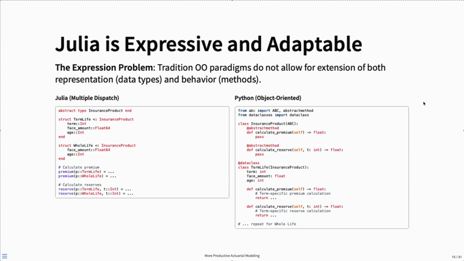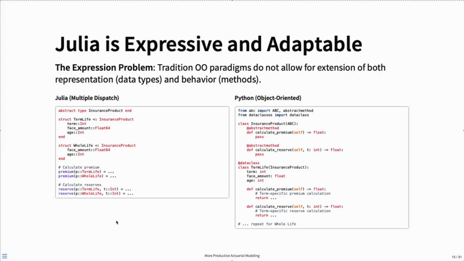And then specific data classes would implement those interfaces. So the data and the behavior are bundled together in this class, representing a term life insurance product. This only shows term life. You'd repeat the same thing for whole life, and we'd essentially have in about twice the space exactly what we defined over in Julia.